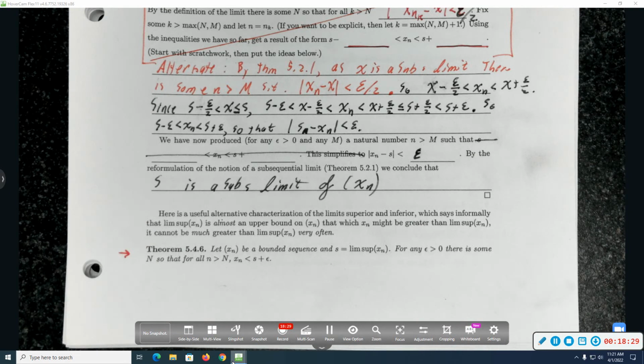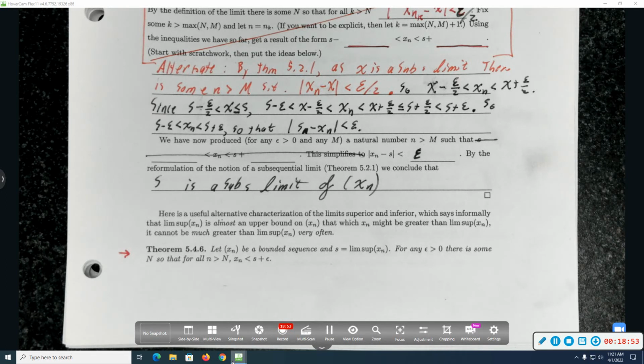The talking through seems all right, but the writing through not so much. Yeah, I think I'm still missing the third line down. Since s minus epsilon over 2 less than x less than or equal to s, that expression. Yeah, let's talk through where that's coming from.